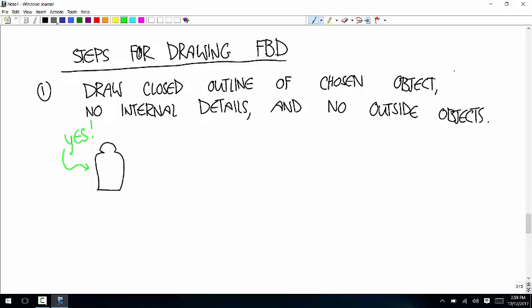A couple examples that don't work for a free body diagram are like that. That one doesn't work because it's not a closed outline. There's no distinction between what's on the inside of the boundary and what's on the outside of the boundary. And the whole point of doing a free body diagram is to be very clear to yourself about what's included and what's excluded. Okay.